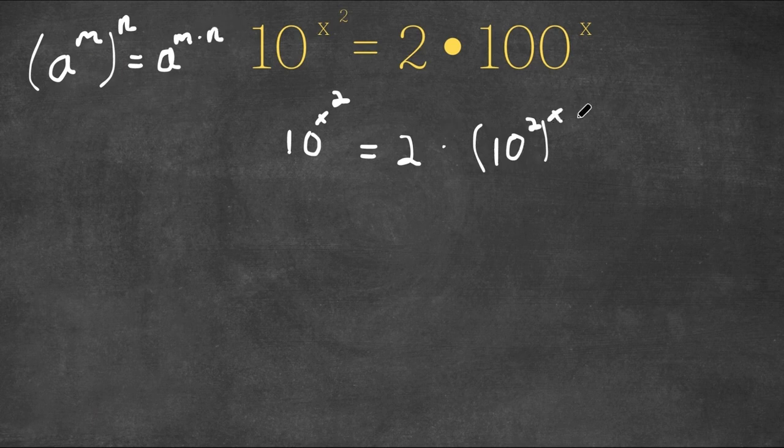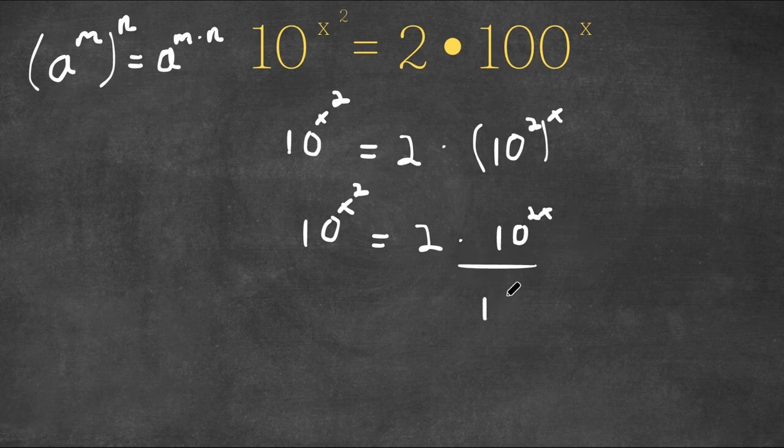So 10 to the power of 2 to the power of x can also be written as 10 to the power of 2x, or 2 times x. So now we have 10 to the power of x squared is equal to 2 times 10 to the power of 2x. Now I'm going to divide by 10 to the power of 2x on both sides.